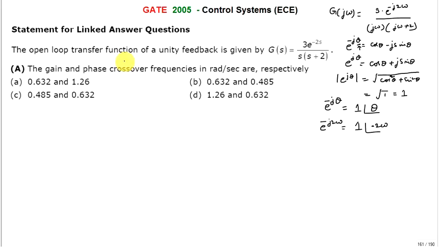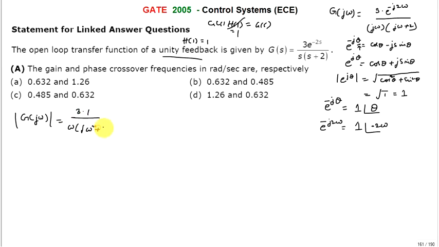Since it is a unity feedback system, H(s) is equal to 1, so G(s)H(s) is equal to G(s) itself. We can write the open loop transfer function magnitude of G(j omega) as 3 into 1, divided by omega into the square root of omega square plus 2 square, where 2 square is 4.